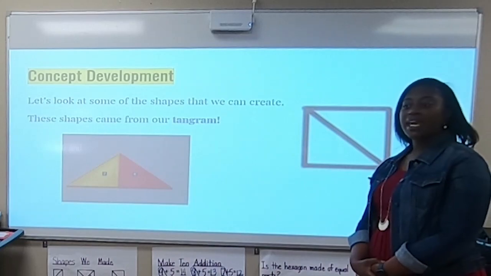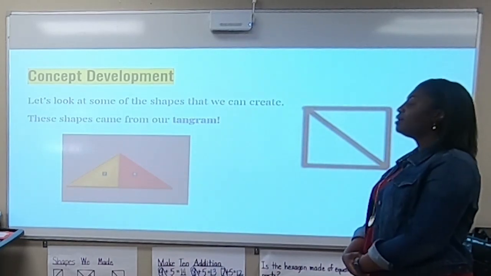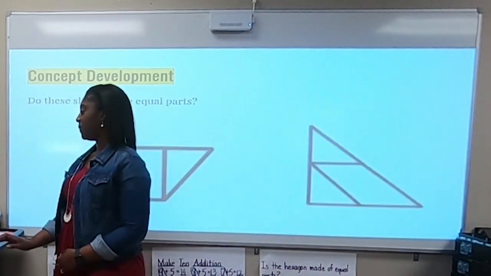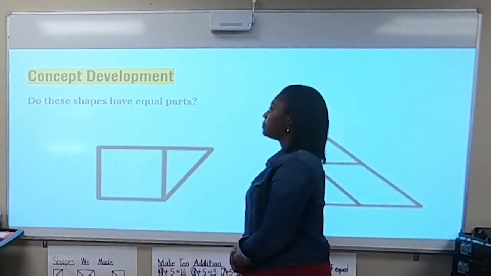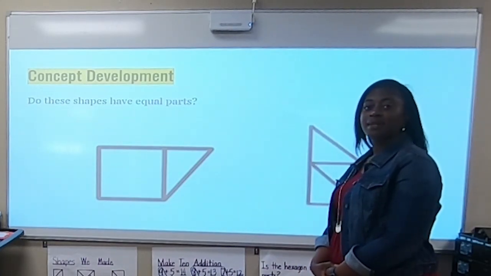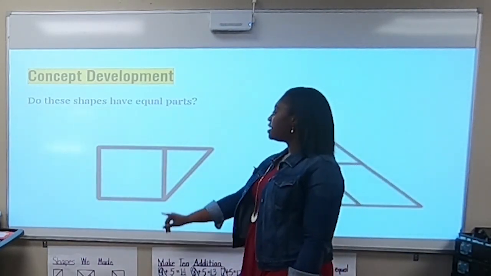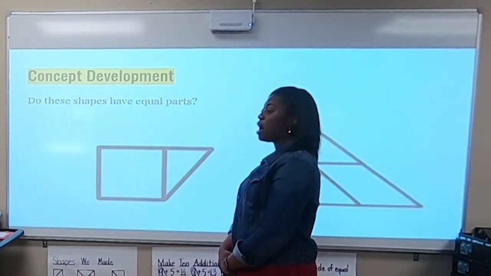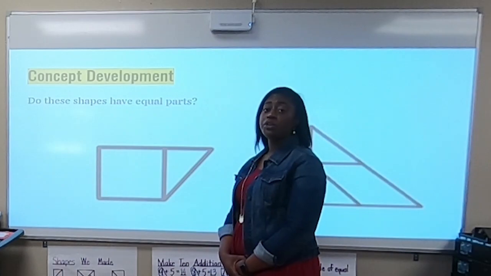This shape was made by using 2 triangles. Okay? Well, let's look at these shapes. Do these shapes have equal parts? No, they don't. This shape is a square, and the other shape is a triangle. Those shapes are not the same.